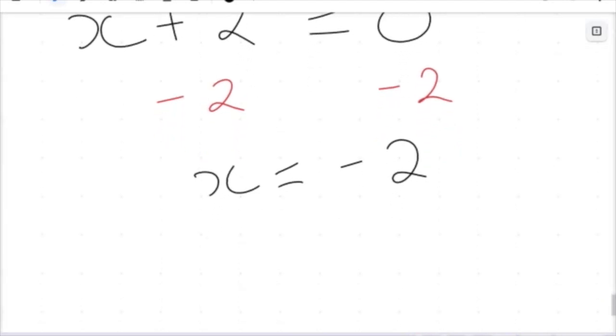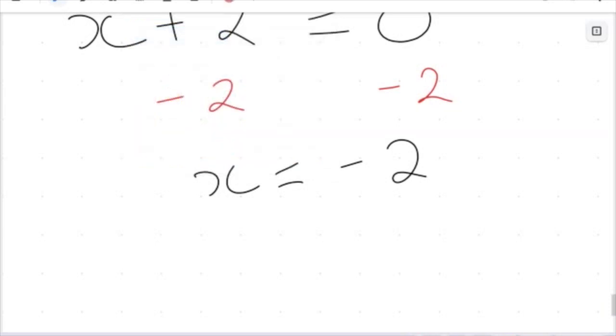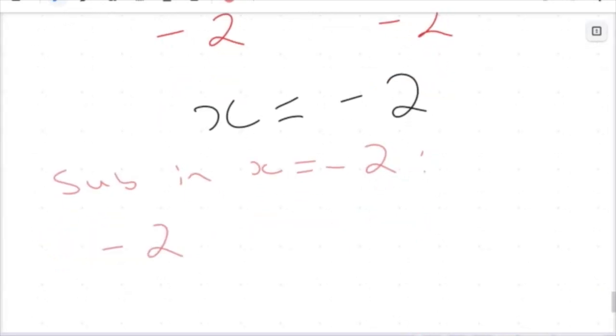Now I can check this, right? Because just for this first example, I want to really give you a sense of how this null factor law works. And I know I'm saying a lot of zeros here, but hopefully this is giving you an idea of how we end up using the null factor law. So if x equals negative 2, we're going to sub in x equals negative 2. So I have negative 2 outside of negative 2 plus 2 equals 0.